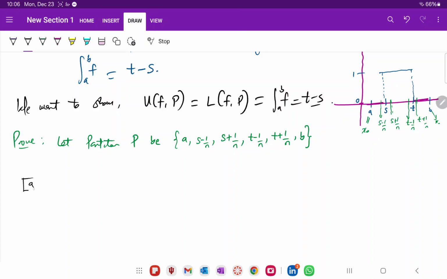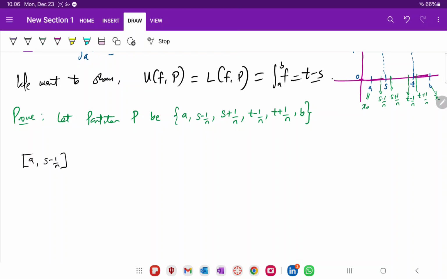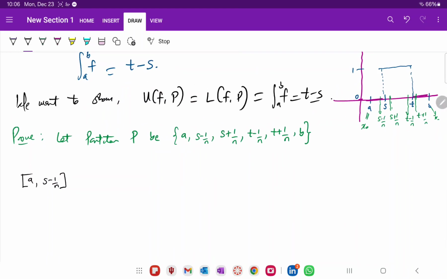So we have a first subinterval, a to x minus 1 over n. Then the second interval, s minus 1 over n to s plus 1 over n.